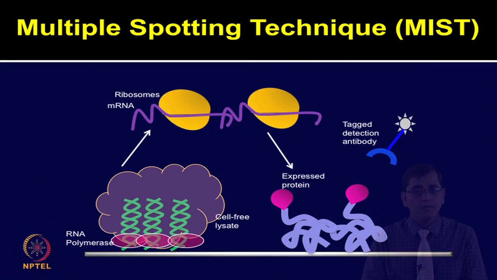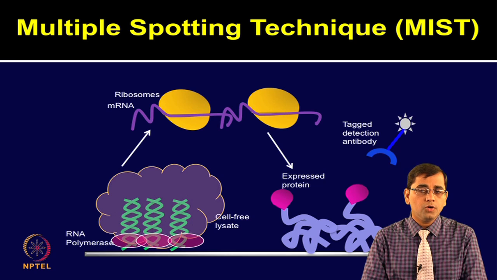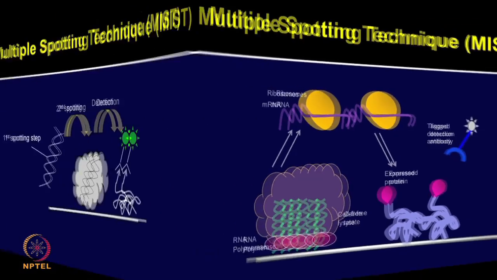In this way, with two printing steps, the cell-free expression system is also printed on top of each DNA template. After incubation, both transcription and translation processes happen and proteins are synthesized, which can be detected by detection antibodies.